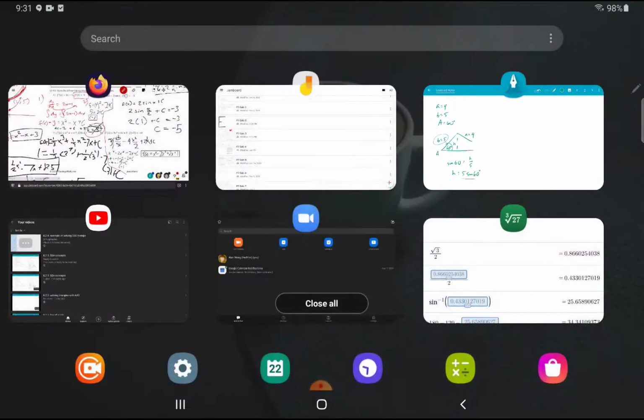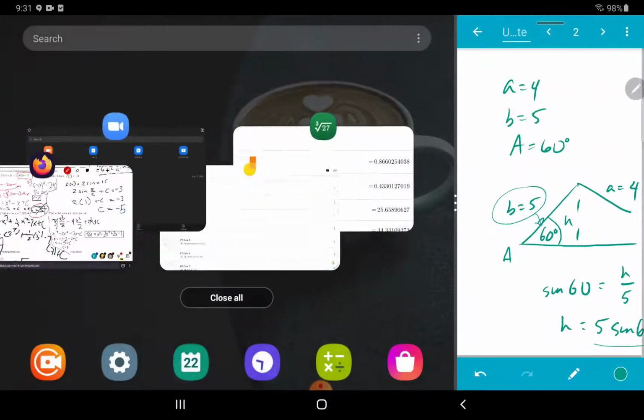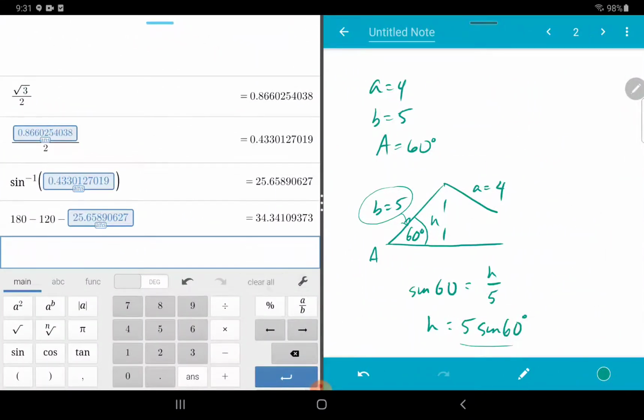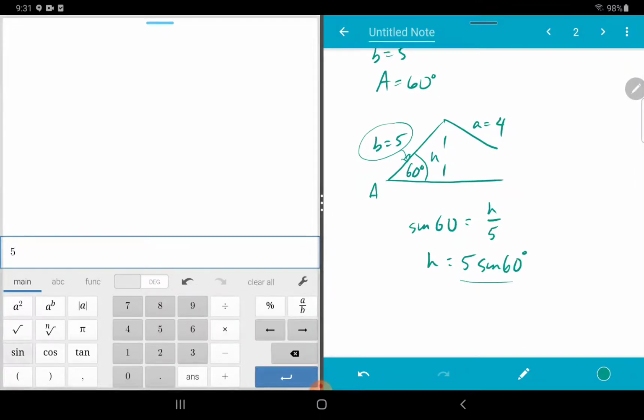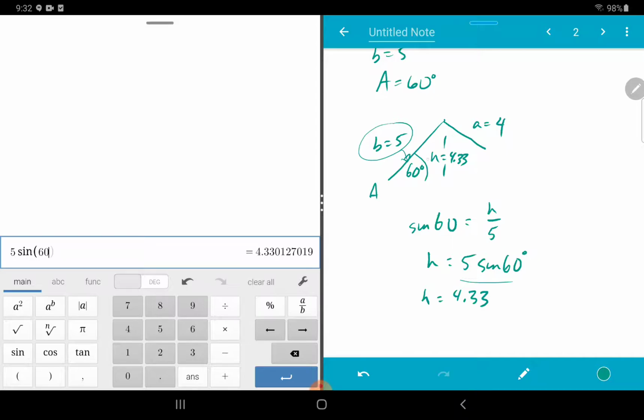Okay, so let's go ahead and calculate this. Gonna go ahead and clear everything. So 5 sine 60 is equivalent to 4.33. So that's the height, which means 4 is less than 4.33. So it's actually going to pass above that height.